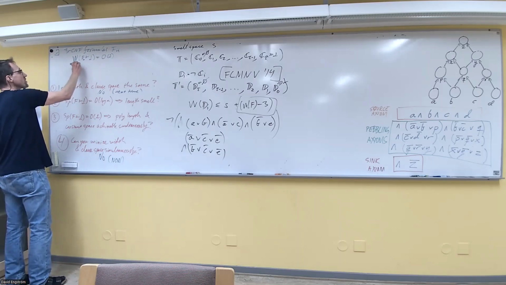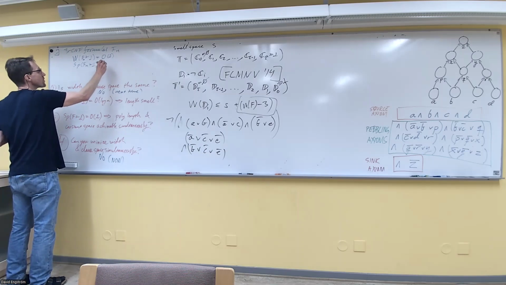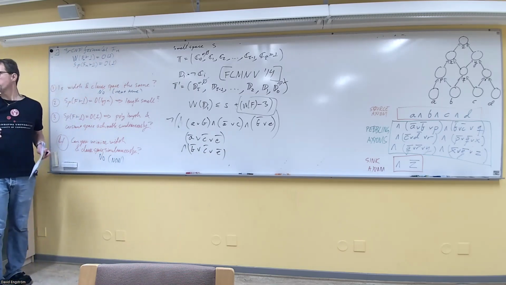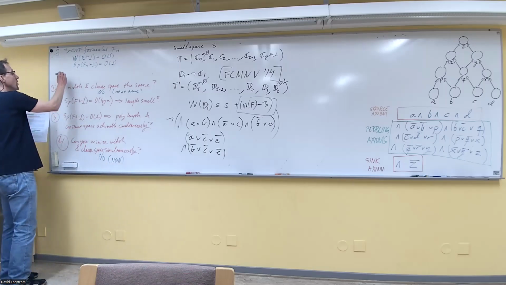The clause space of refuting Fn is also constant. In fact, both constants are going to be 3. So like the best you could hope for.